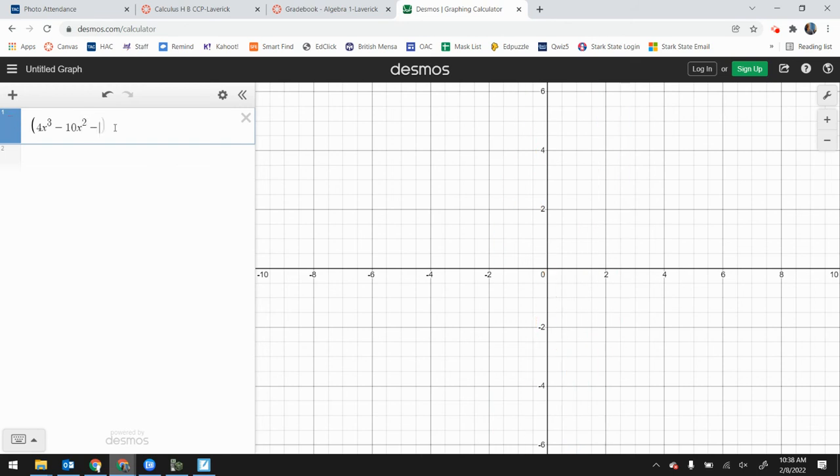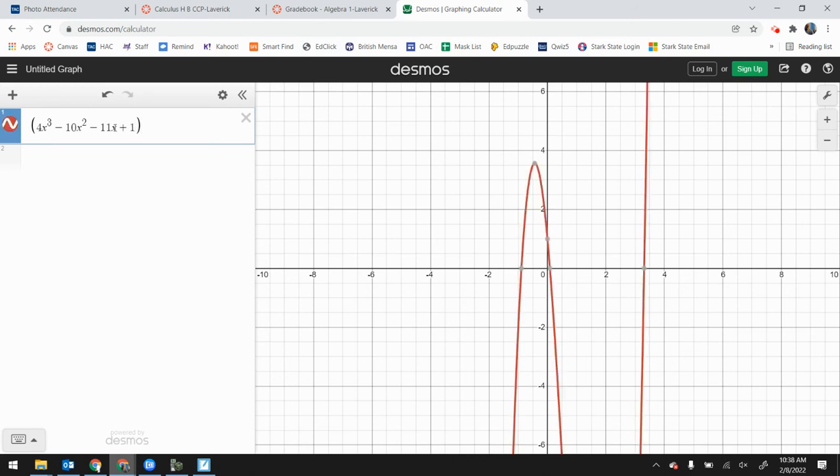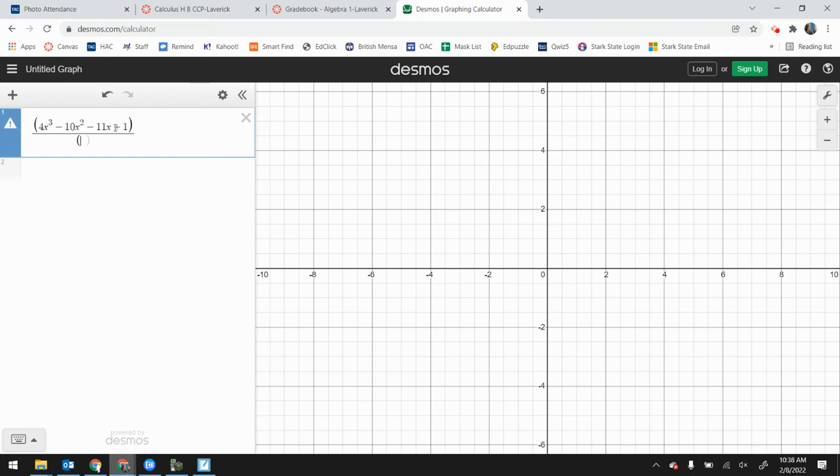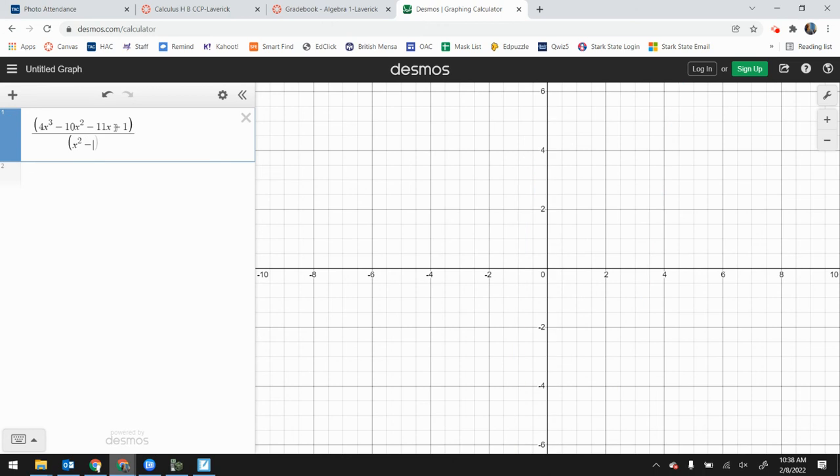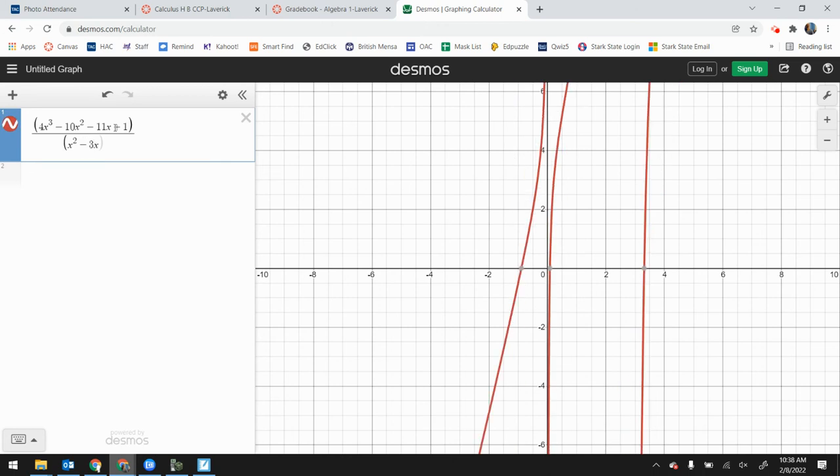Yeah, because minus 11, as it goes to infinity, it is 0. X squared minus 3x. What are you saying? Go. And let's plug in our 4x plus 2.